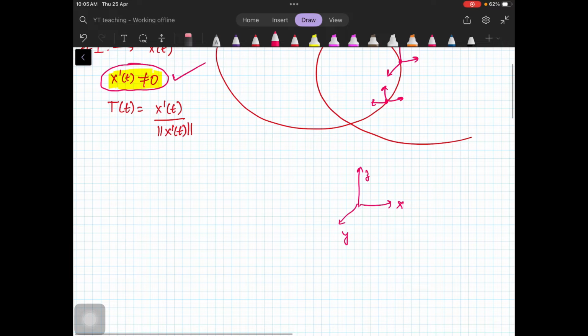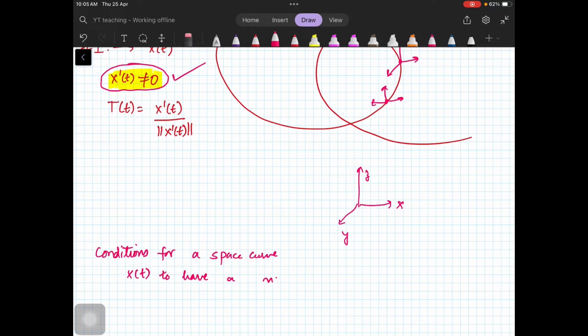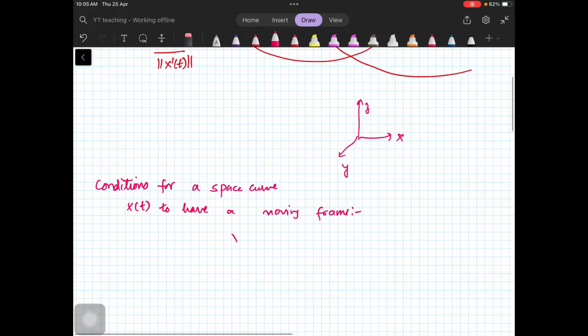Let me write down the conditions first. For a space curve x(t) to have a moving frame, the first condition is that x prime t should be non-zero, and the second condition is that the cross product of x prime t and x double prime t should be non-zero. The first condition tells you that the curve never has zero speed.